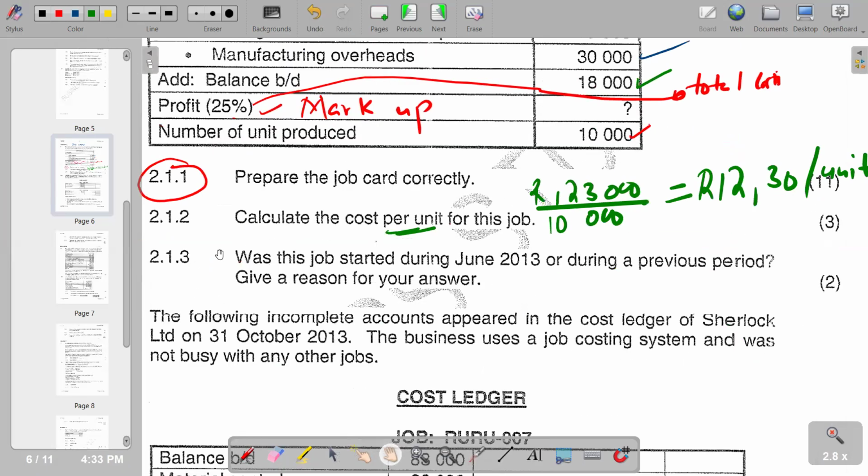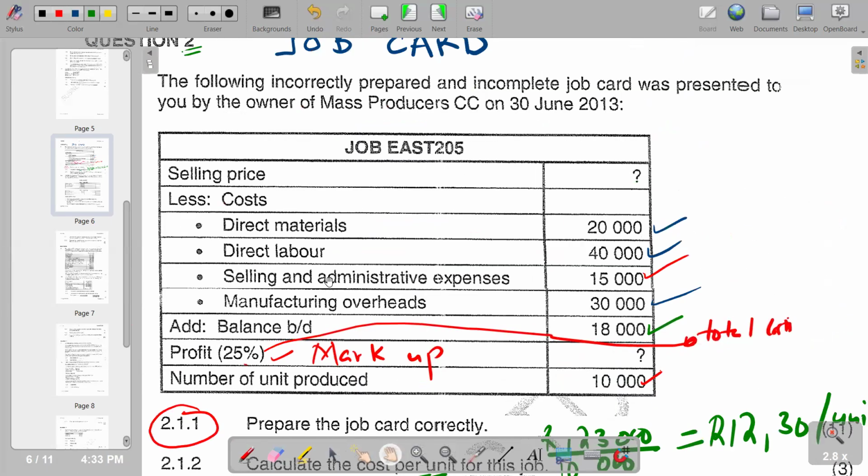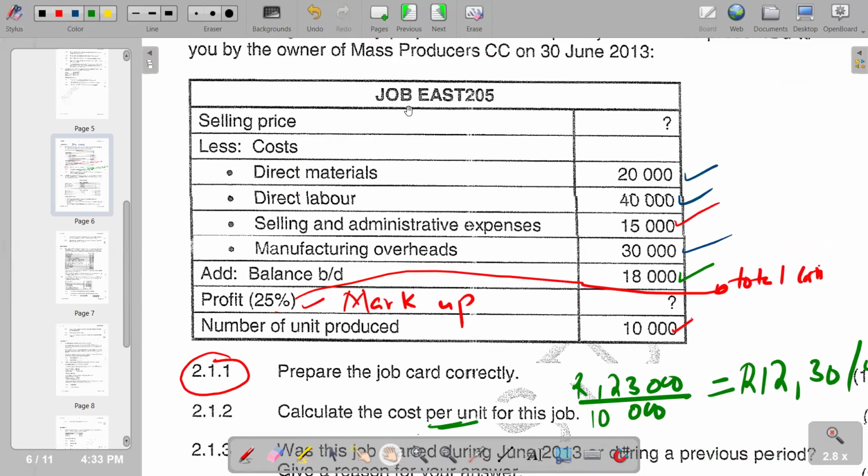The 2.1.3 was: did the job start during June 2018 or during a previous period? Give a reason for your answer. Remember, June 2018 is the information that we are given here. And then the question is, did this job start in this month of June 2018? But you see that it didn't start in the current month, which is June 2018, because we've got a balance BD.